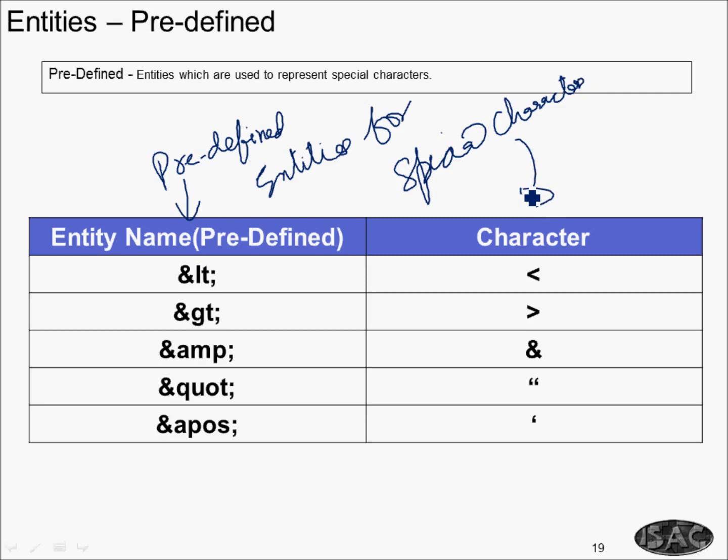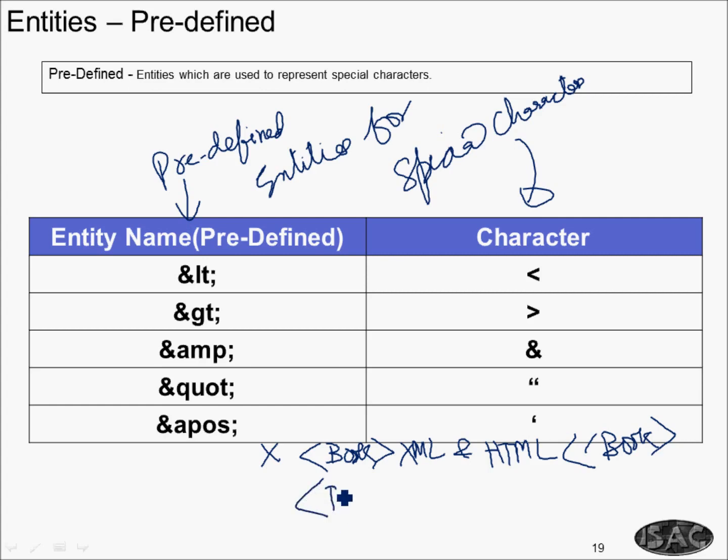Okay. So what happens if I want to write in my system something like this, book, XML and HTML. This is the data, character data, okay? And I am closing this. Will it work? No, it will not work. Why will it not work? Because ampersand is not allowed like that. We have to use a predefined entity and write the same tag like this.